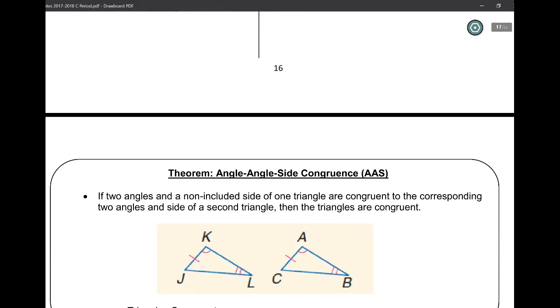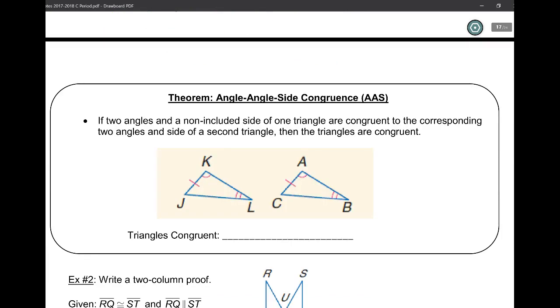Because what we're going to learn next is a theorem. This is angle, angle, side congruence, and the order is important. You'll notice this time it's saying if you have two angles and the non-included side of one triangle are congruent to the corresponding two angles and side of a second triangle, then the triangles are congruent.